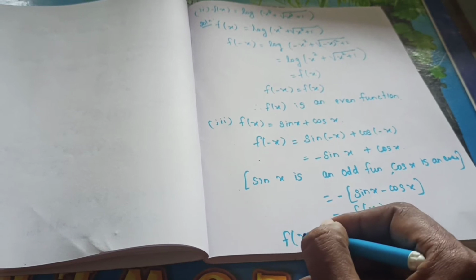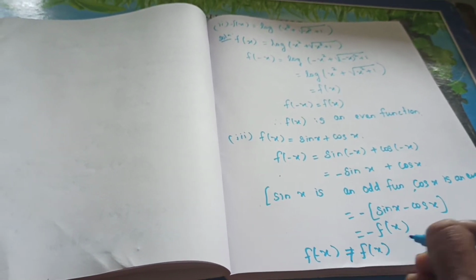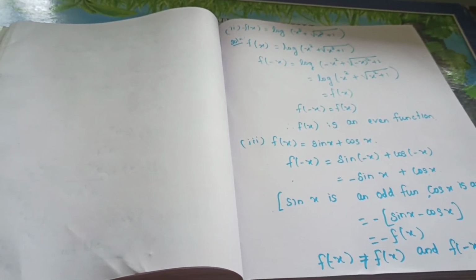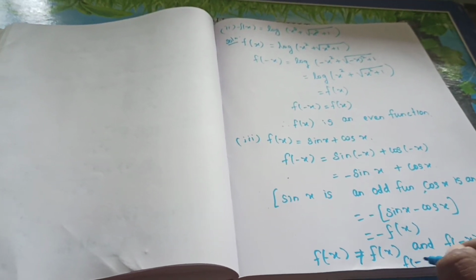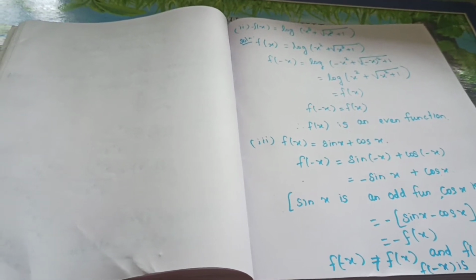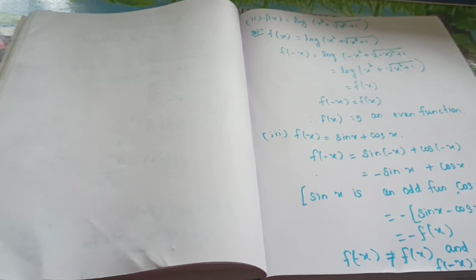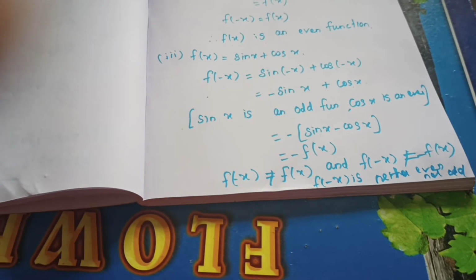So what will you get? F of minus x is not equal to f of x, and f of minus x is not equal to minus f of x. Therefore f of x is neither even nor odd. Okay, the reason is, when you are finding f of minus x, what you got?